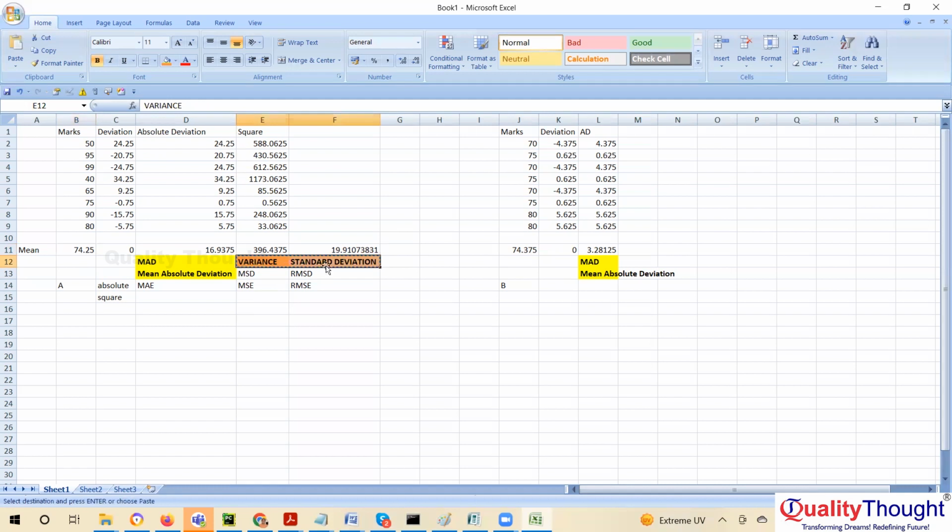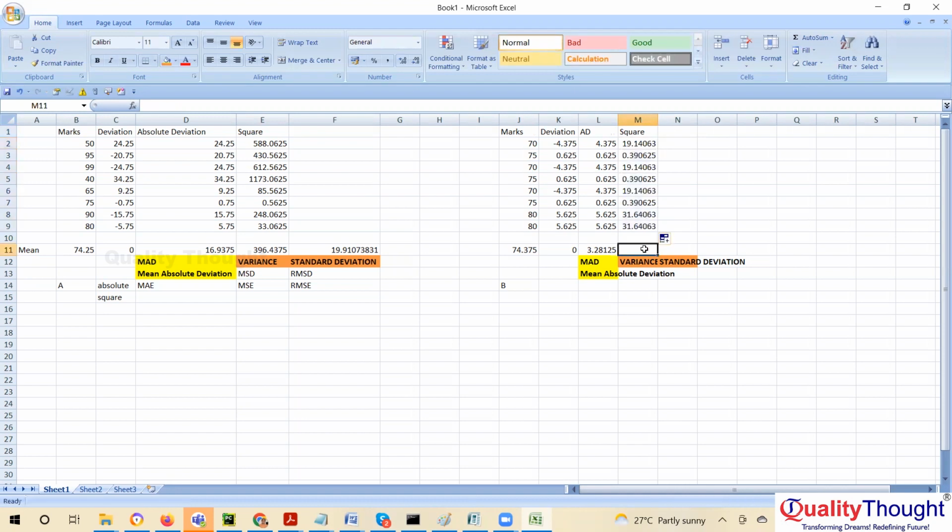Now if you calculate the variance here, definitely your variance and standard deviation will be less. Let's quickly calculate. Variance is what? First, we have to calculate the square. This is your deviation square, deviation into deviation.